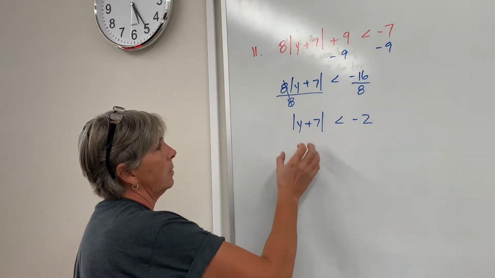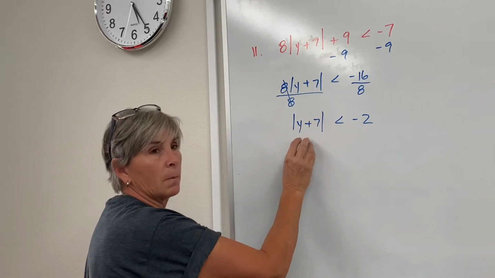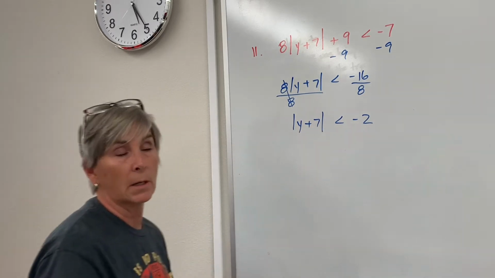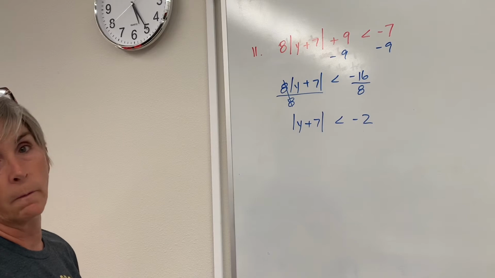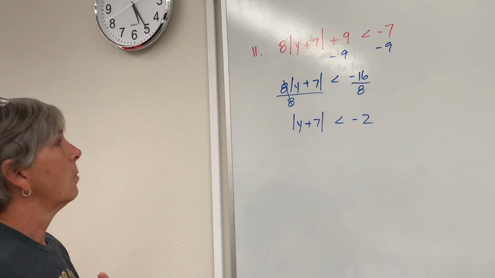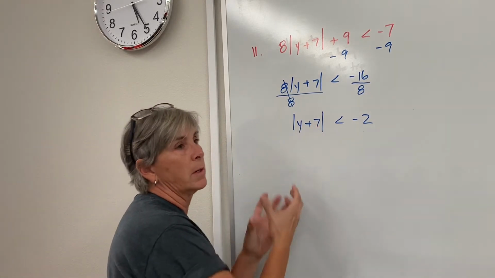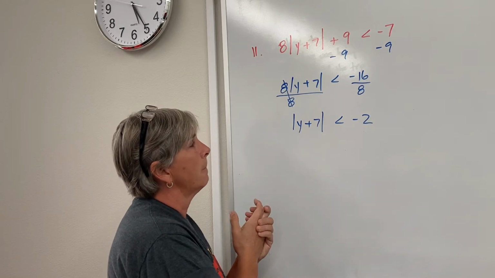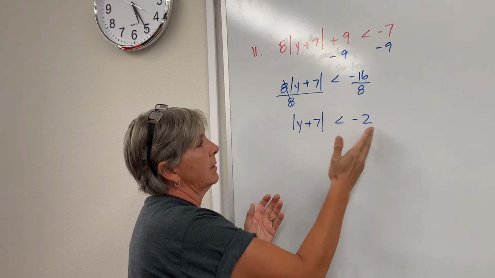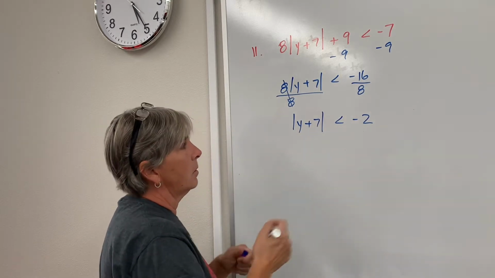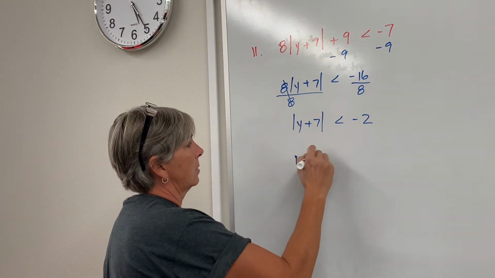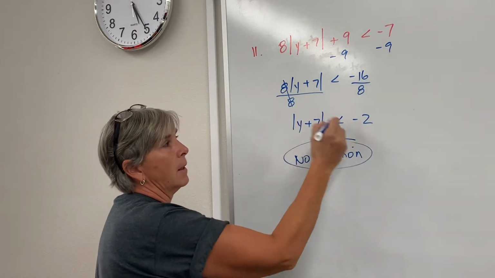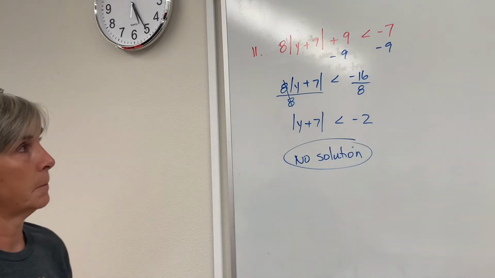So therefore, you can never take an absolute value of something and end up with an answer that's smaller than negative 2, because it would, of course, be negative, right? Think of it this way. When we take the absolute value of something, we always get something positive, or 0 at the worst. And so that answer will never be less than negative 2. So in this case, you don't even need to do anything. You just say, there's no solution to this. We will never have an absolute value that is less than negative 2.